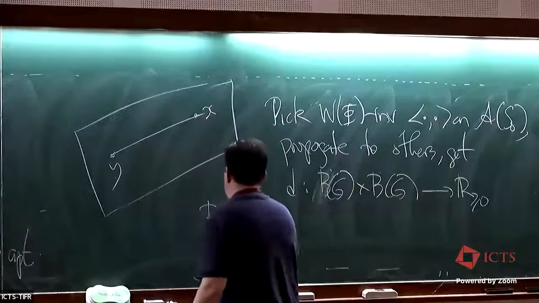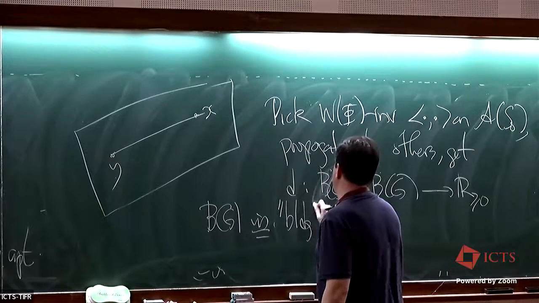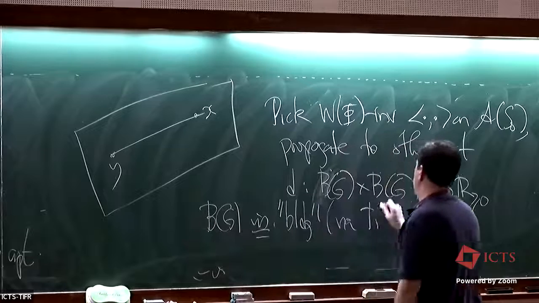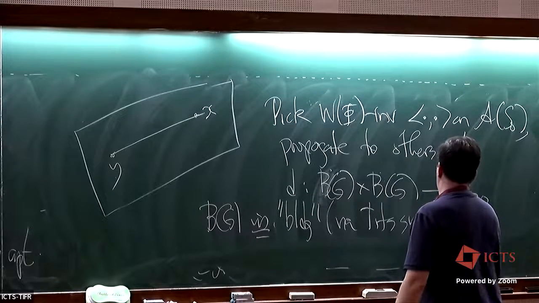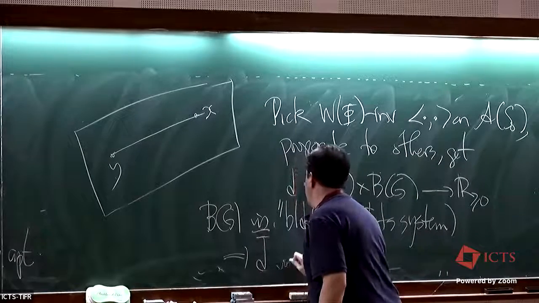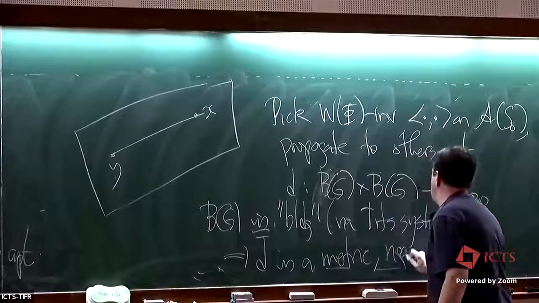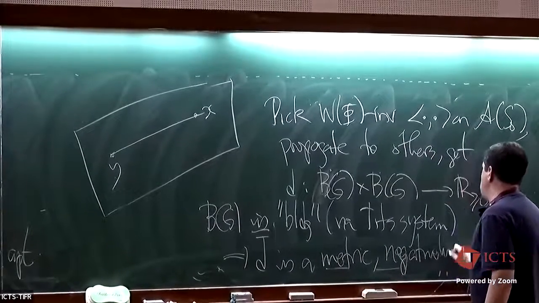So B of G is a building in some abstract sense. This follows from the Tits system property of the group data over there. And this can be used to show that D is not only a metric, but is also negatively curved in some appropriate sense.